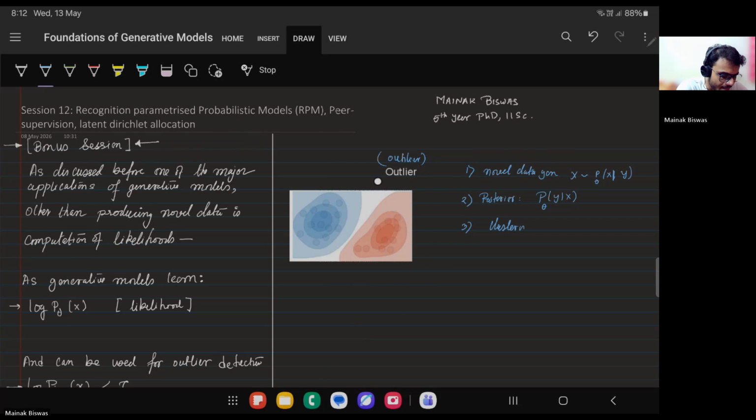Clustering: p theta of x automatically clusters data in the latent space. And fourth, likelihood computation.